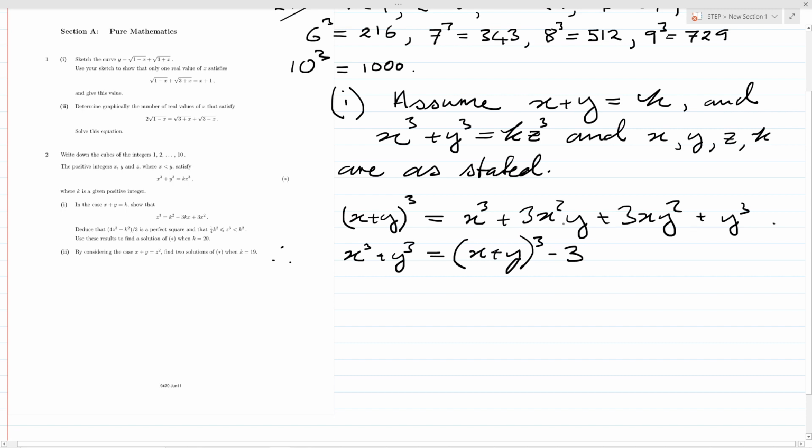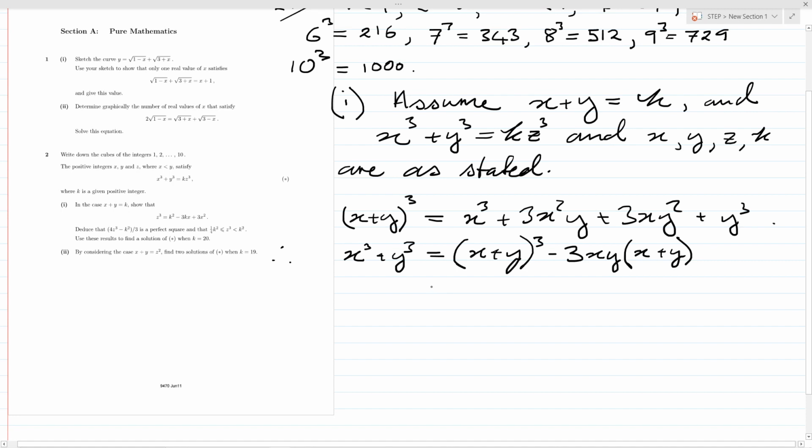So we've got an x term in both and a y term, so we could factor out an xy maybe, and then we're going to end up with an x squared term here, and then here we're going to get an x plus y. The reason why is because x plus y is just k, so that seems like a good idea. And then we've got our required identity.